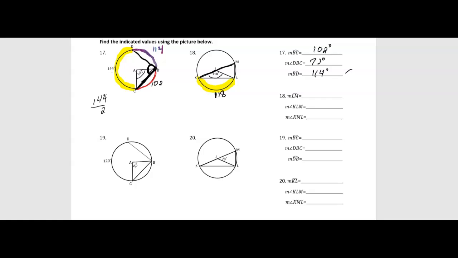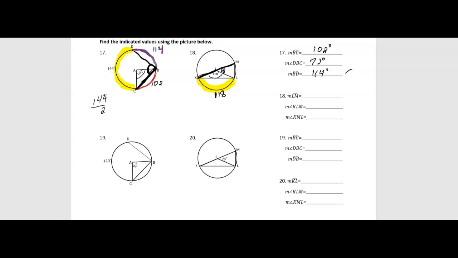More importantly, it's a straight line. If you remember, in a straight line, there's always 180 degrees. So if some of that is 112, if I just did 180 minus the 112, that would tell us that this angle here must be 68 degrees.